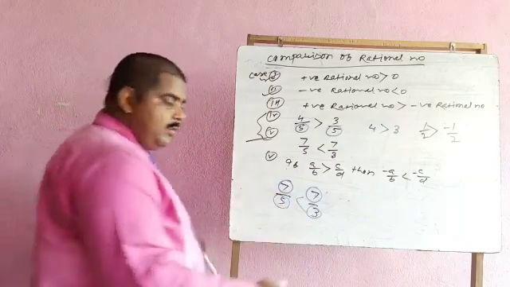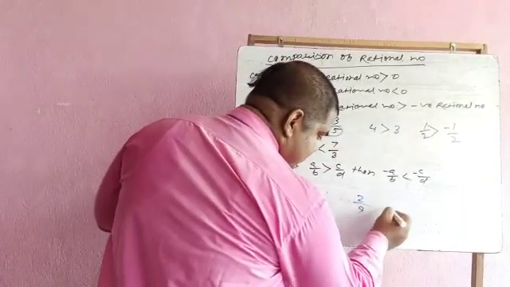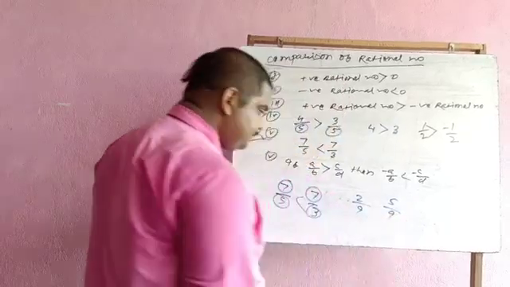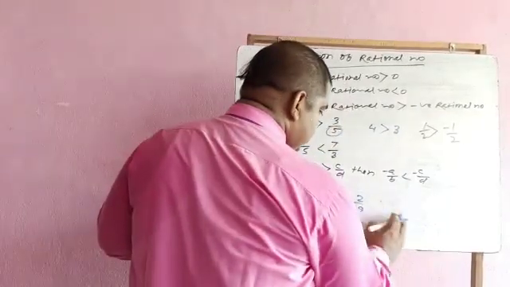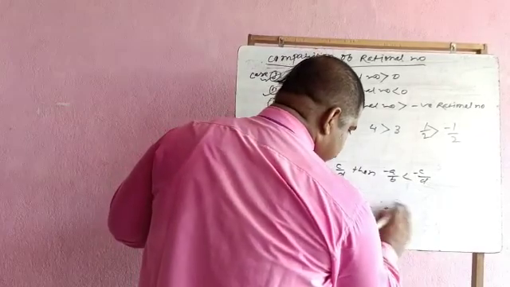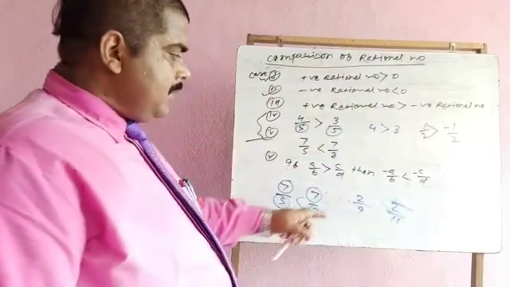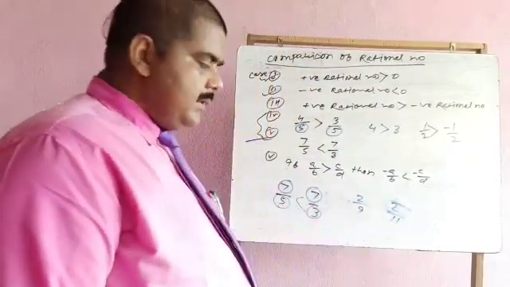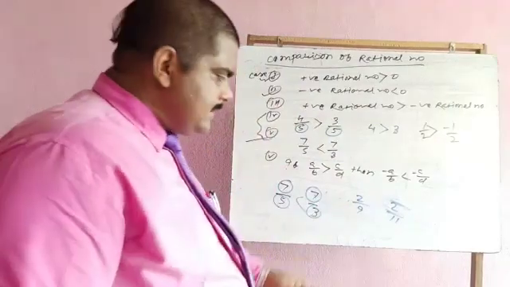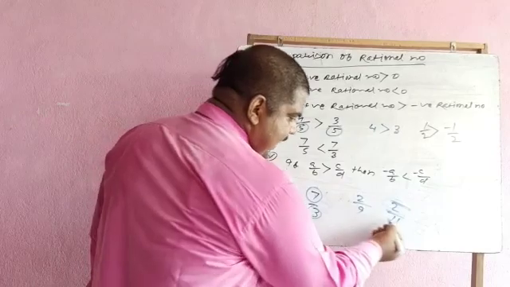One more example: 2 upon 9 and 2 upon 11, because I am taking an example where the numerator is the same. You can see that the numerator 2 and 2 is equal in this case. Then you have to compare the denominators, 9 and 11.